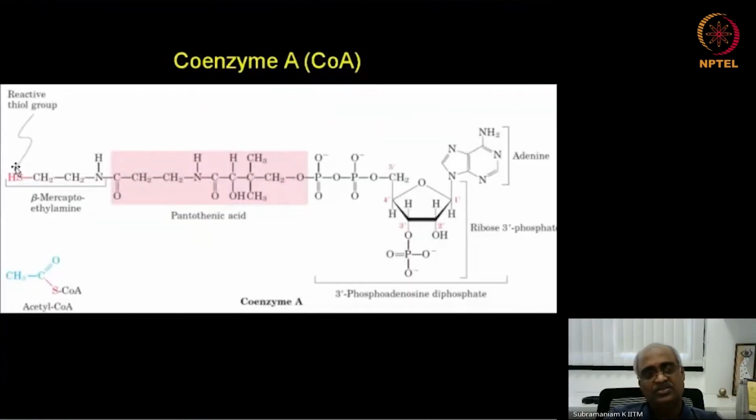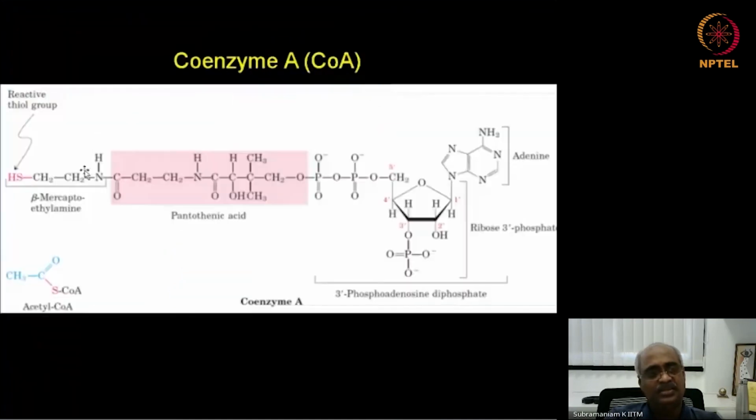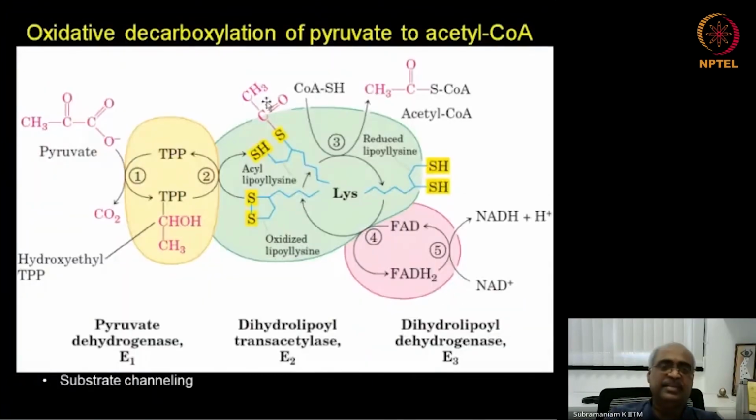So essentially it is given to this in this form, and from here it is transferred to this. And that is what is happening here. So this coenzyme A is that big structure. So this is simply a transesterification from one thiol group to another molecule's thiol group.